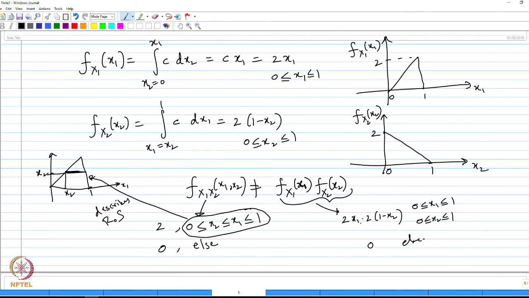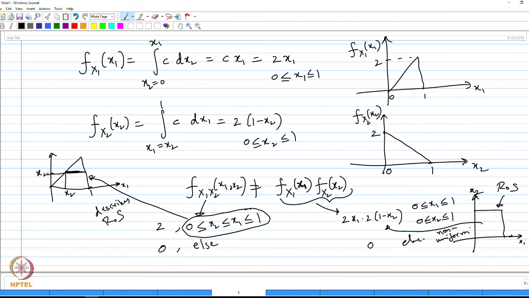So what will be the region of support for the right hand side? The region of support will actually be a square. This will be the region of support in x1, x2, and it will be non-uniform in that region. It will take some two-dimensional function.